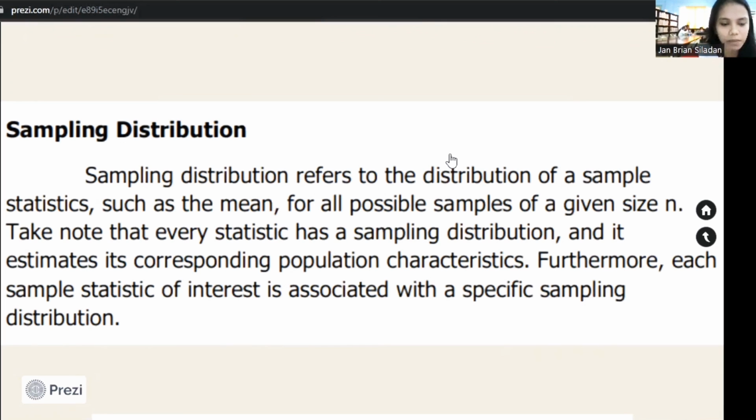Furthermore, each sample statistic is associated with a specific sampling distribution. To understand further the sampling distribution, suppose we have 5 different numbers like -2, 3, 5, 6, and 8. These numbers make a rectangular distribution.